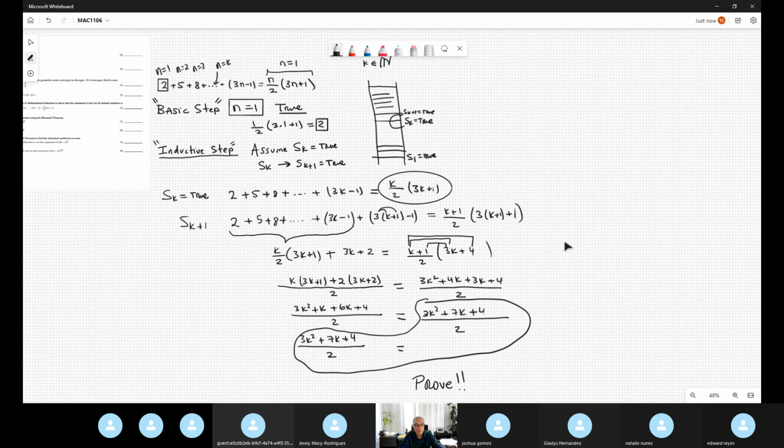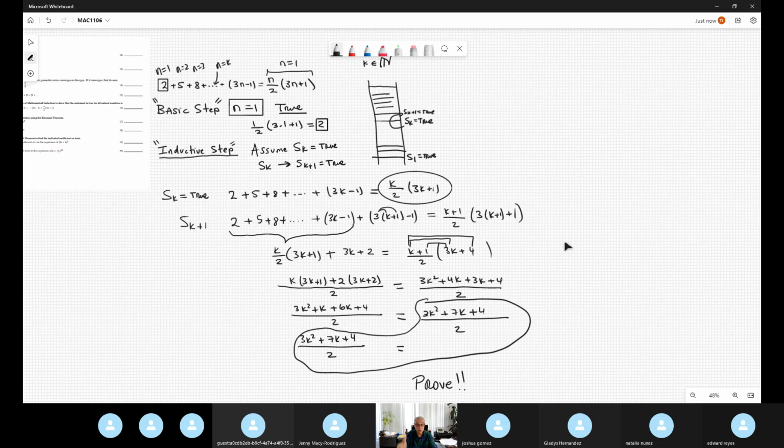Let me recap. The mathematical induction has two steps. Step 1 is the basic step, frequently at n equal 1. You plug n equal 1 into the expression and you try to prove it's equal to the first. You can continue, yes, you can. N equal 2 is 5, n equal 3 is 8. However, you never finish because it's infinity.